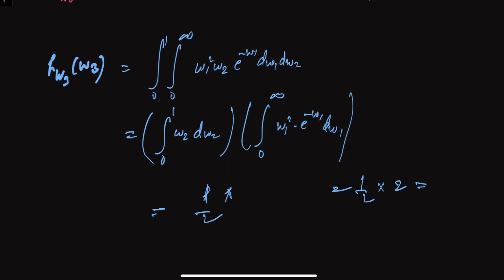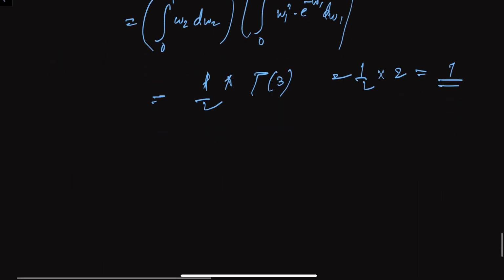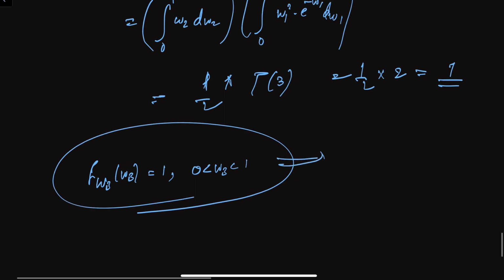That is 2. So 1 by 2 into 2 is 1. So f_W3 is 1, where 0 less than w3 less than 1, which means this is following a uniform distribution.